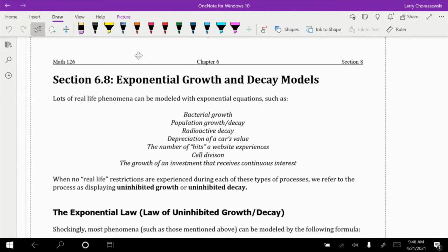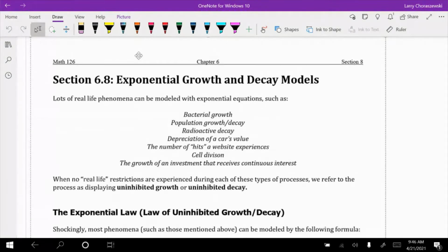Radioactive decay, so things break down over time. And if you were to plot how much of the substance is left as each year goes by, you would find that the graph would be an exponential function graph. Depreciation of a car's value, the number of hits a website experiences, that tends to follow an exponential format. Cell division does, which, guys, I got to blow your mind for a second here.